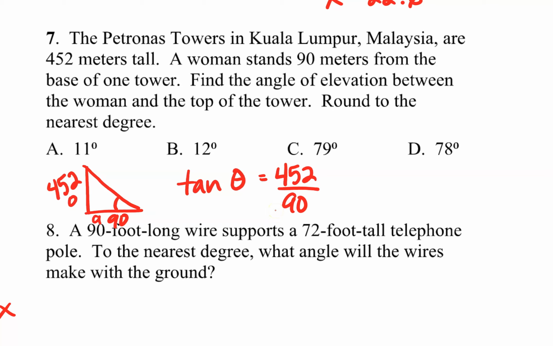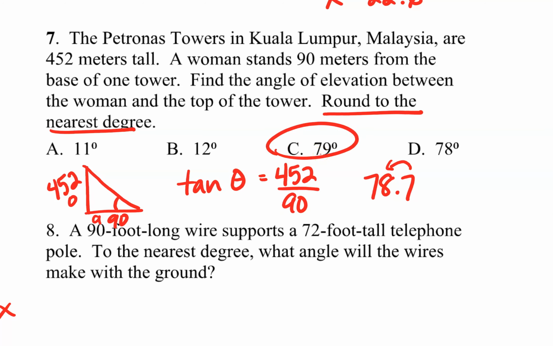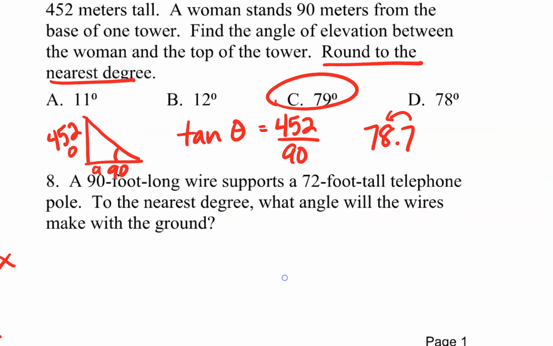Enter it in my calculator, inverse trig function, and I get 78.7. Round to the nearest degree. Here's where you could miss it. It's round to the nearest degree, so that needs to go up, and that's going to be 79 degrees. All right.